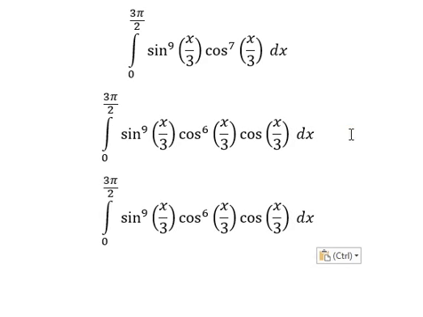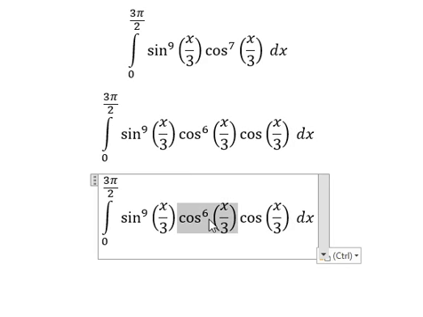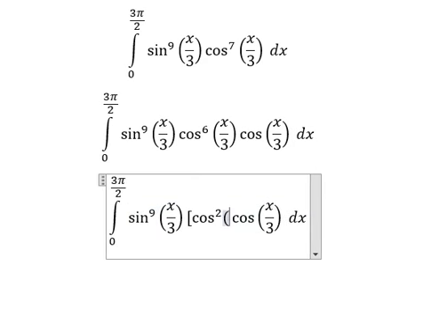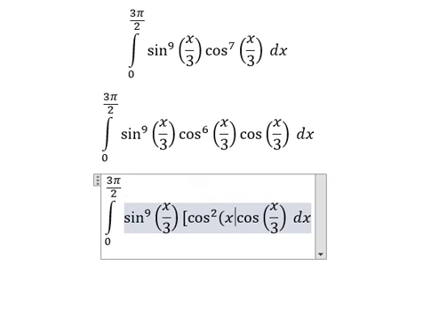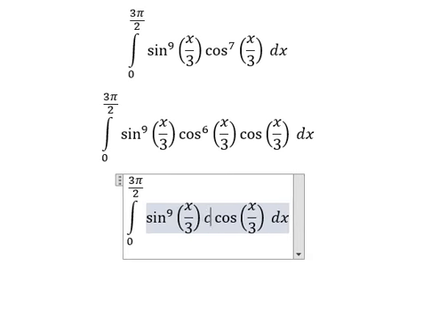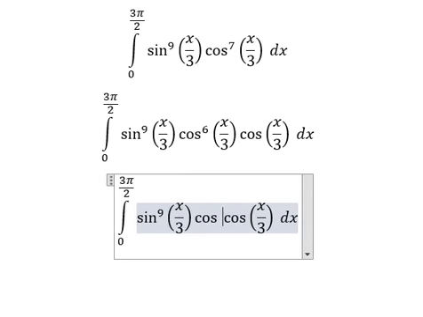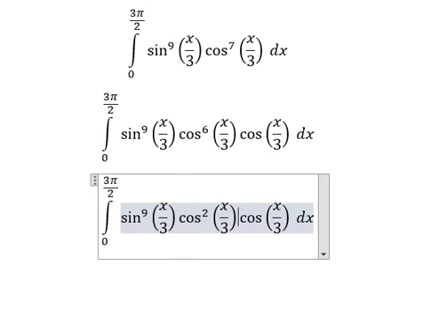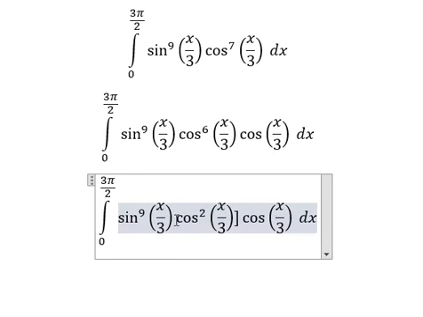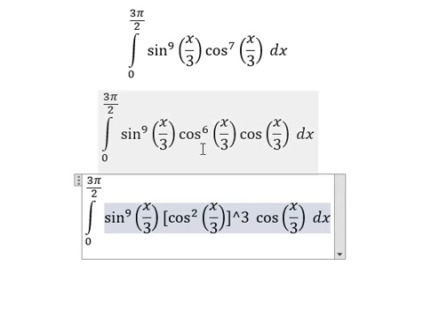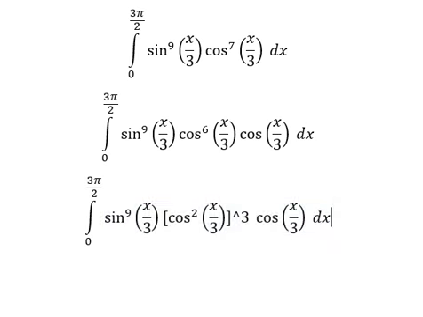Next, about this one, we can write into cosine s over 3 squared, everything to the power of 3, because number 2 and number 3 we have number 6.